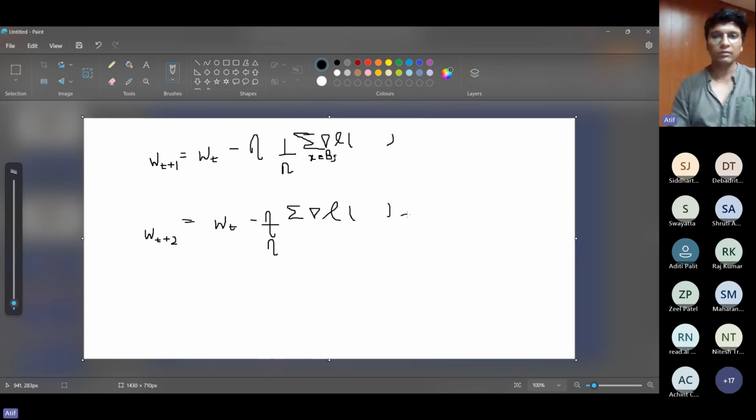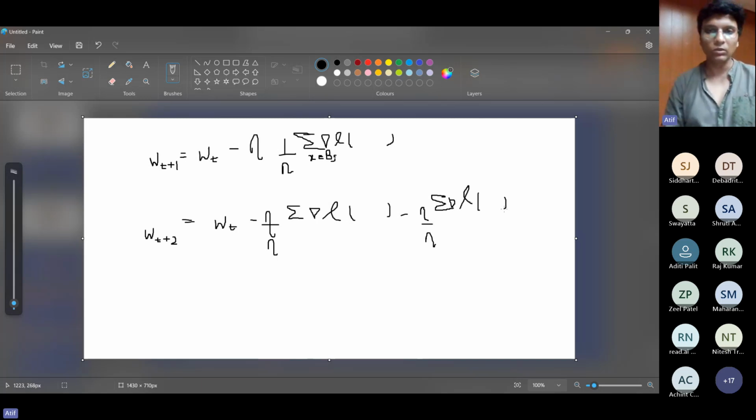And then you have again minus eta by n, and then you have a summation over gradient of this loss, again, some loss. Right? This is due to some other W.